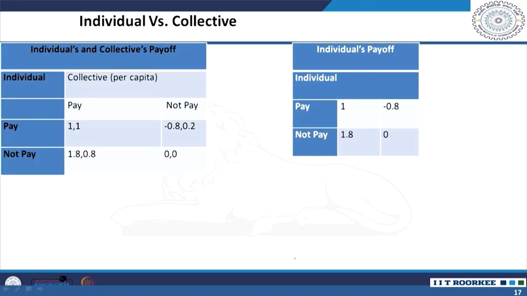Now we can understand this payoff table, that is individual versus the collective. If you write it down, you will find that if the individual is paying and the collective is also paying, then the payoff would be 1-1.